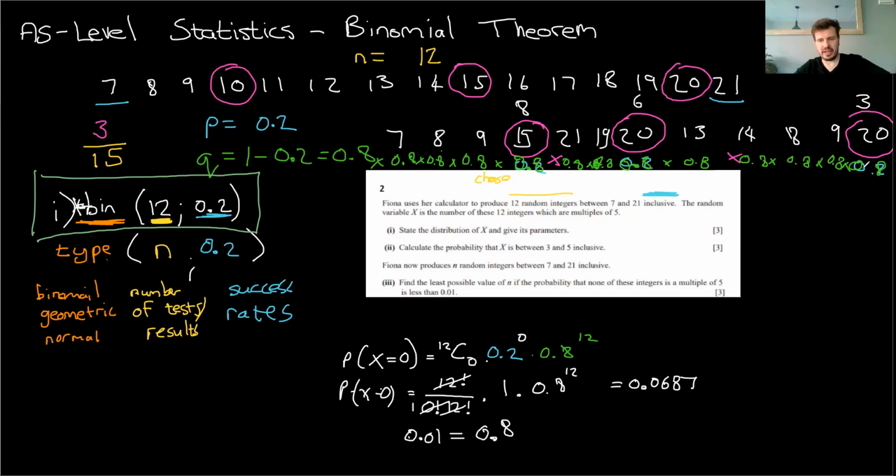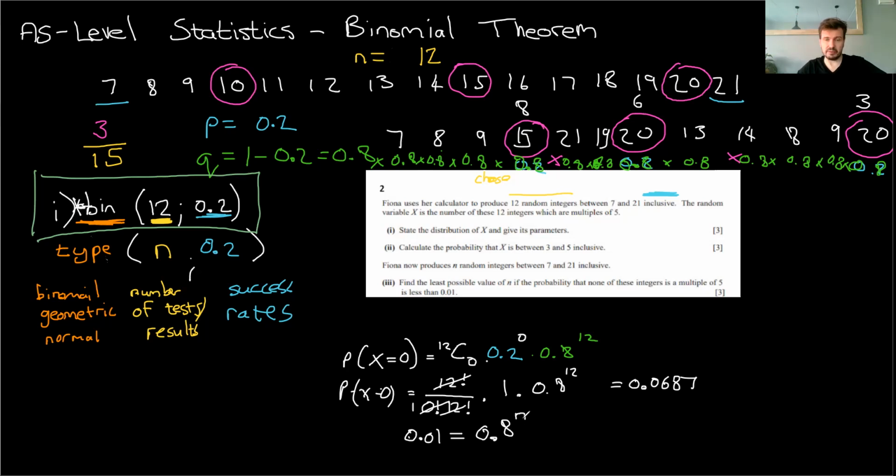So more 0.8s to make this probability 0.01 or less. Let's just find out how many we would need for the probability to be 0.01, and then whatever that number is, we would then either round up or just make it 1 bigger, because it's got to be less than 0.01.